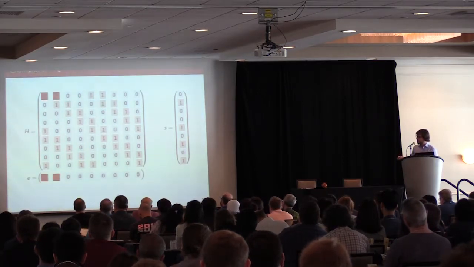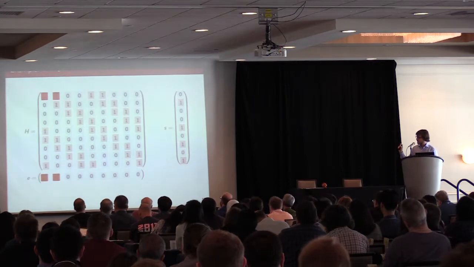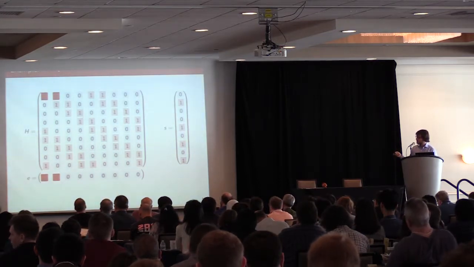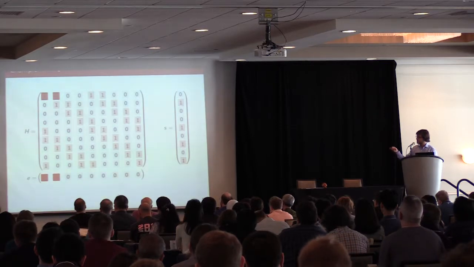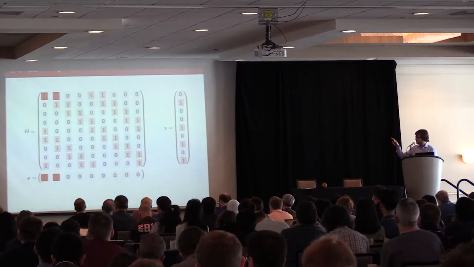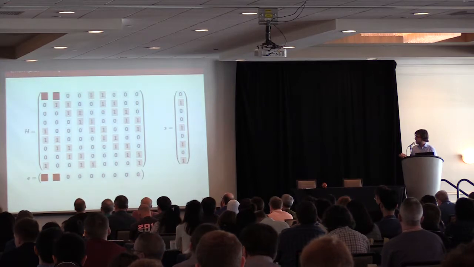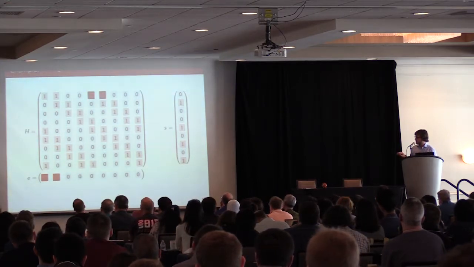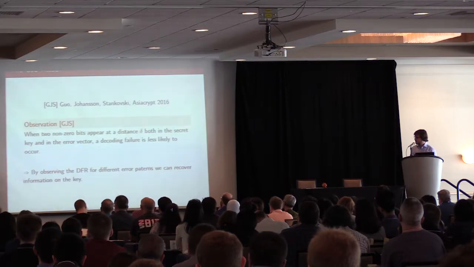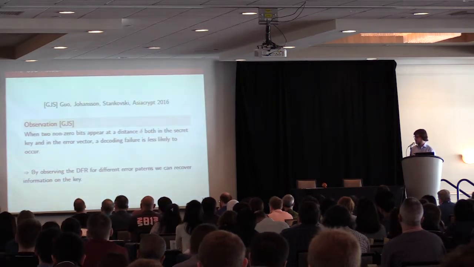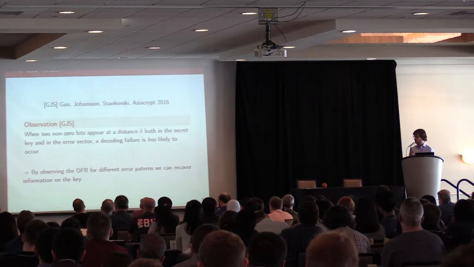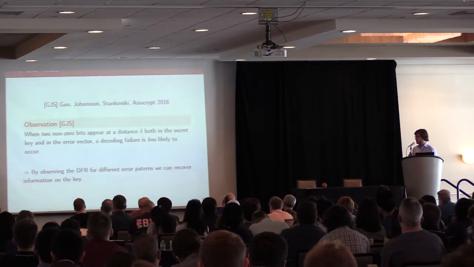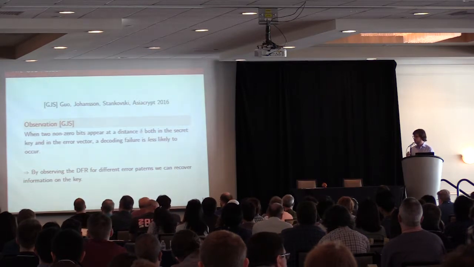Here, for example, you see in the error vector you have two bits at distance one, they are next to each other, and this happens also in h0, the first line of the circulant matrix. In such a case, and this happens twice here, decoding failure is a bit less likely to occur. And by observing the failure rate for different error patterns, they say that they can recover the key.